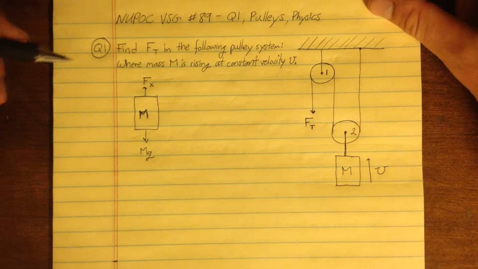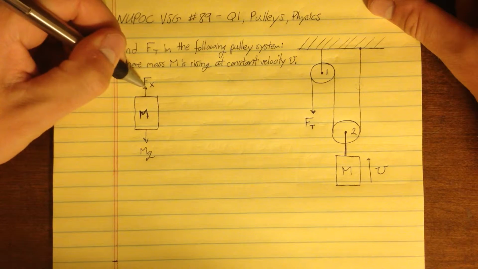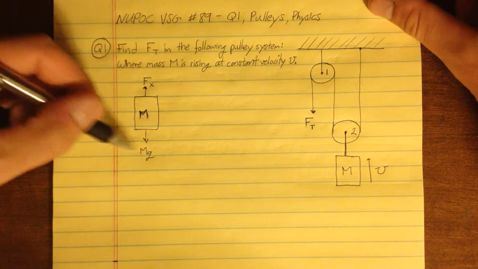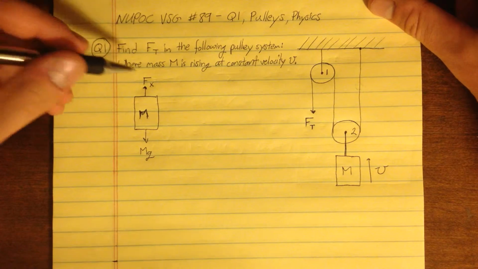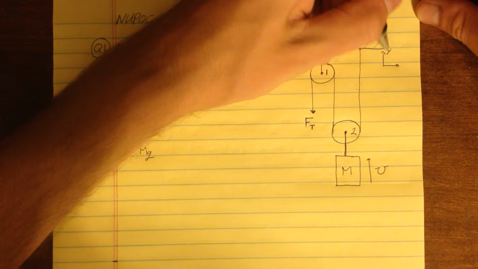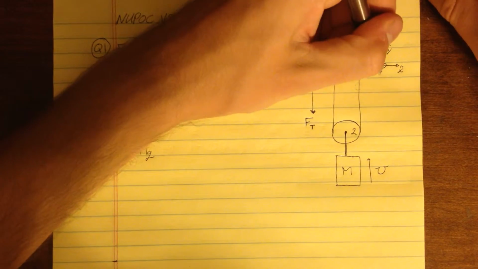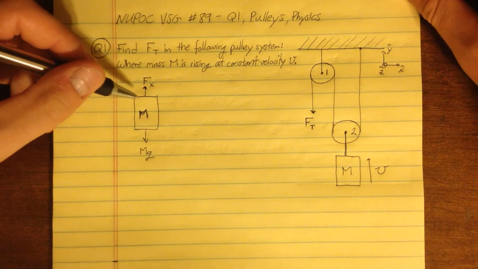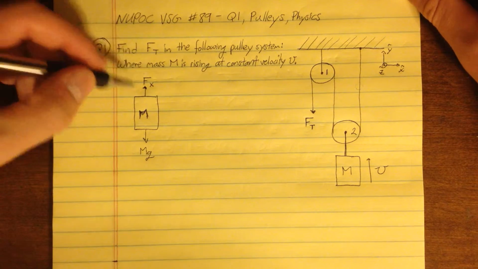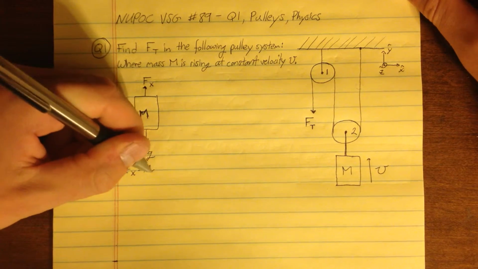Now if we sum the forces, let's of course remember to draw our coordinate system here. This is y hat, x hat, and by the right hand rule, this is z hat. So Fx equals mg.